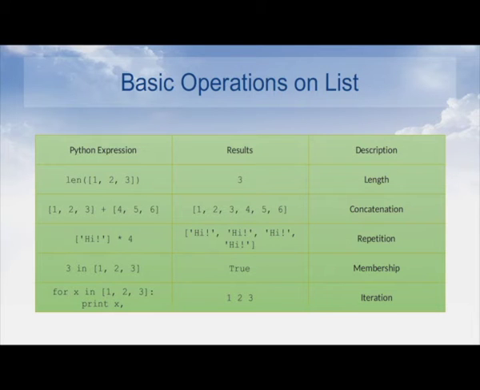In the third row, you find a list with a single element, 'Hi', a string, and I put a multiplication operator, that is asterisk 4, and finally what I get as output is a list with four 'Hi's. So that means it is repetition; the asterisk represents repetition.